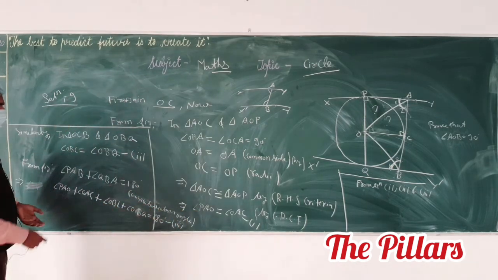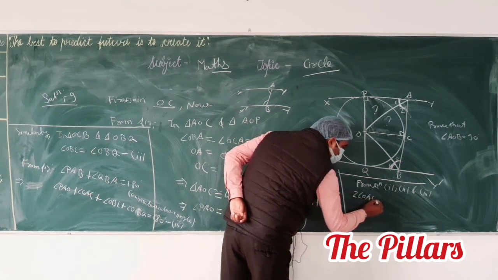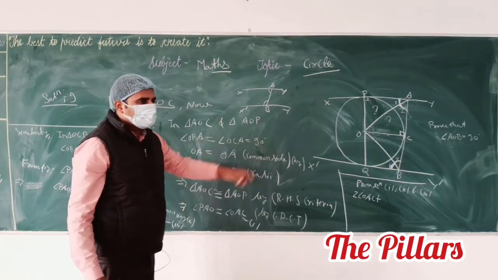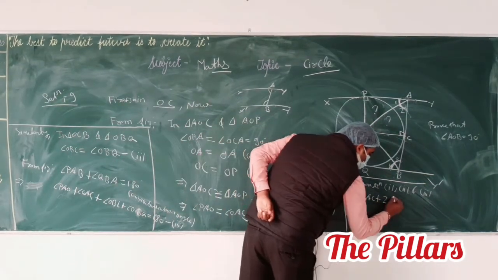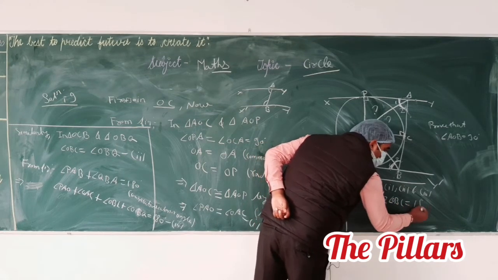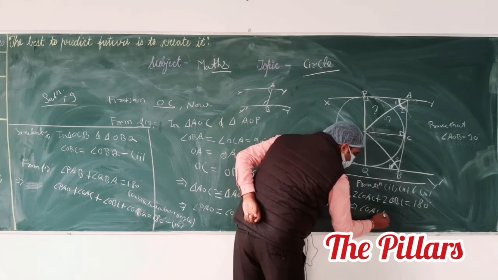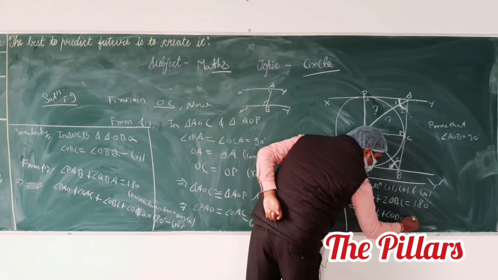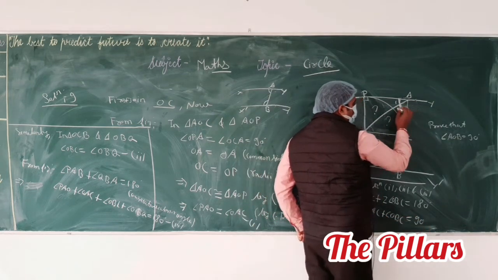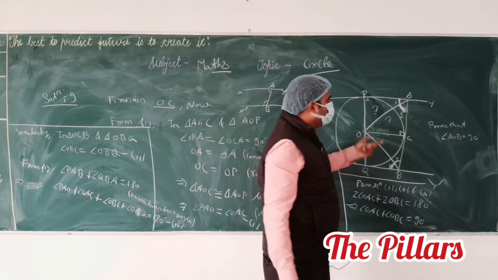It means this part you have to write as two angle OAC plus two angle OBC equals what? 180 degrees. This implies that angle OAC plus angle OBC equals what? 90 degrees. We have to show that angle 2 plus angle 3 equals 90 degrees.